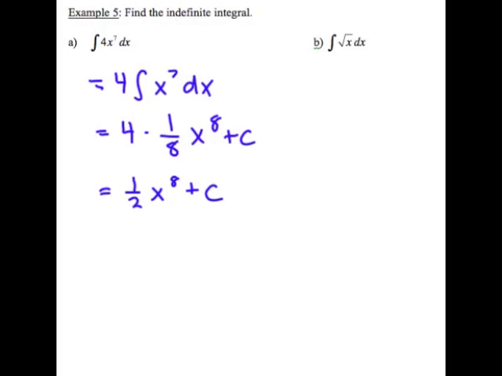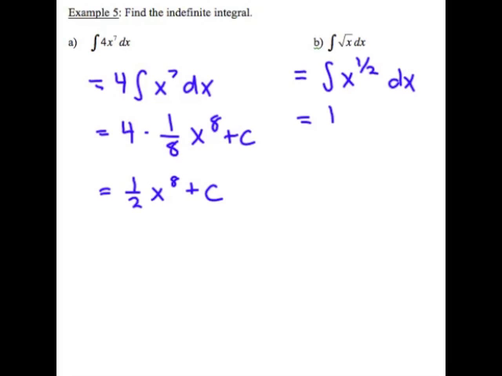Before we try b, it's probably helpful to rewrite that as x to the power of 1 half. And then we can apply the same rule. We can increase the power by 1 and divide by that same number. So if we take 1 half plus 1, we get 3 halves.